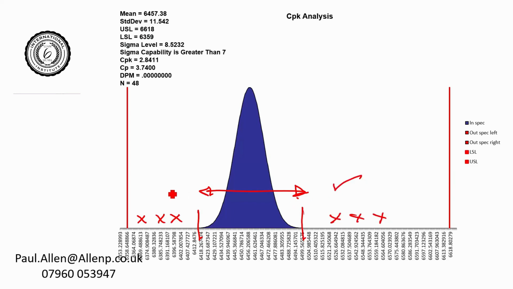Yes, it would. Therefore, it's perfectly capable of controlling the process, and that's what it's designed to do. So it's not going to misclassify. It's not going to tell you you've got good settings when you've got bad settings, or vice versa. It's perfectly capable of controlling the process in a region that you're interested in. So actually, the measurement system is perfectly good enough for the task you're asking it to do.